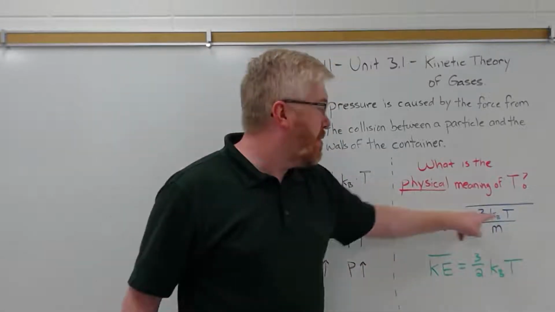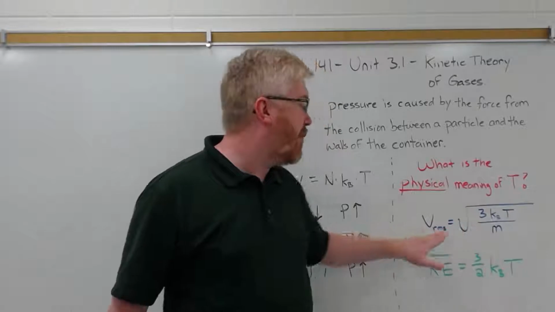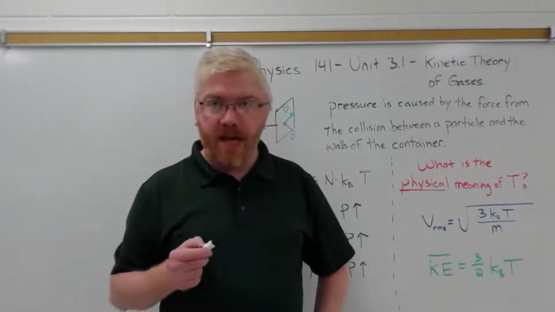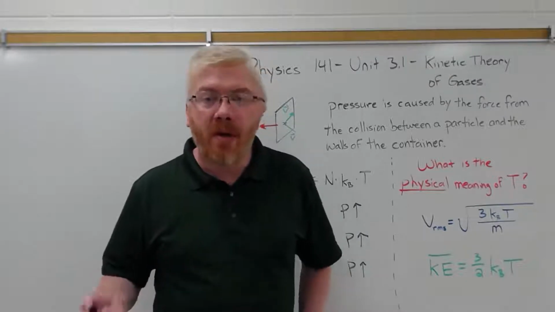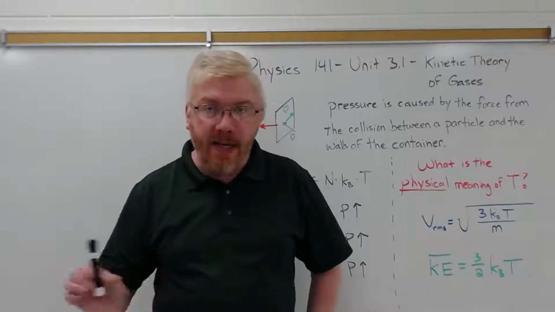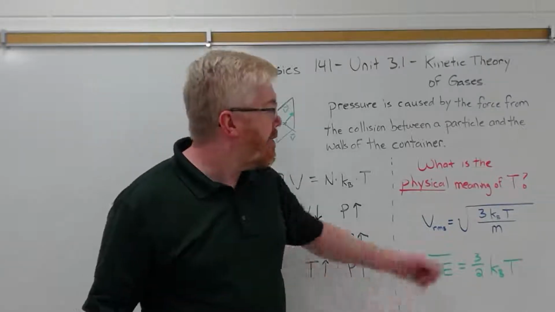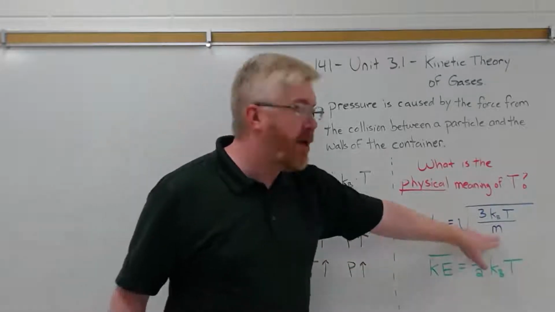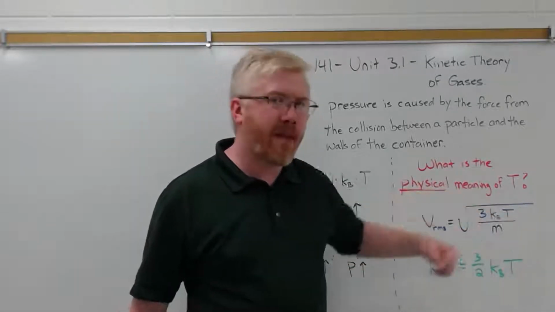But what this shows is that temperature is related to the speed of the atoms in a room. Massive molecules will be traveling slowly, low mass will be traveling very quickly, but temperature is a value related to the speed. There's mass in here as well, though, and mass is independent of temperature.